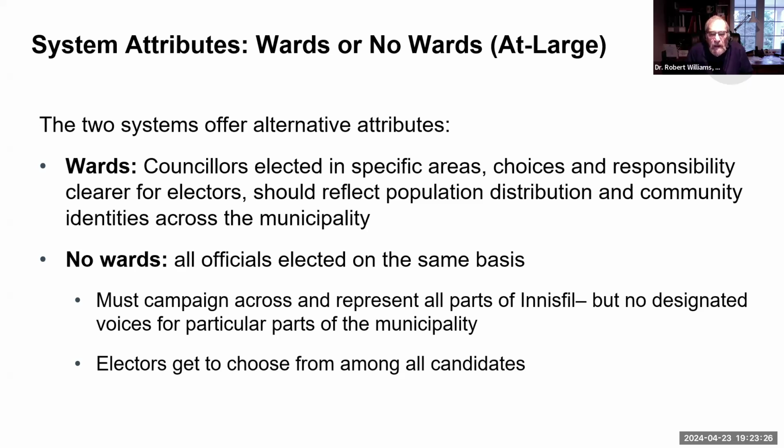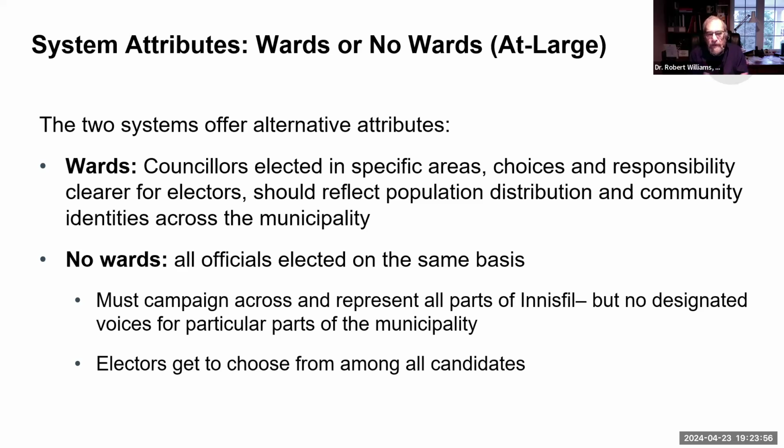Councilors then are candidates in a limited area, which means the choices available to voters are limited. My sense is it's clearer. You've got to pick one person out of presumably a modest number of candidates, but the responsibility for you as a voter is clearer. I'm picking one person to represent my ward.